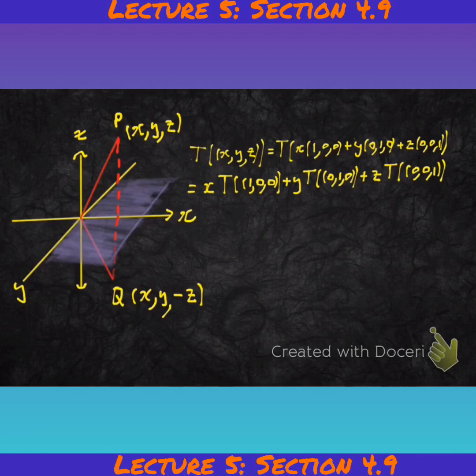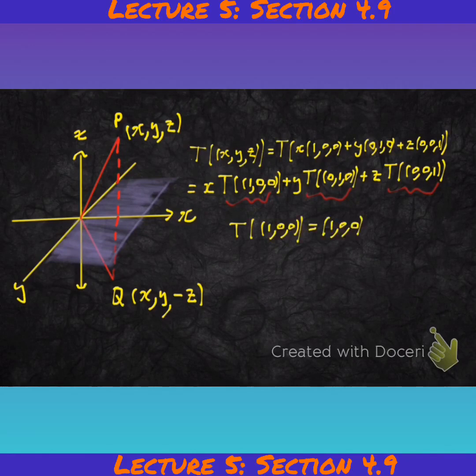Remember, it distributes over a sum, and it also distributes over scalar multiples. So essentially we are just interested in the values of T on the standard unit vectors, because they are the ones that will generate all the points x, y, z. So what are those values?